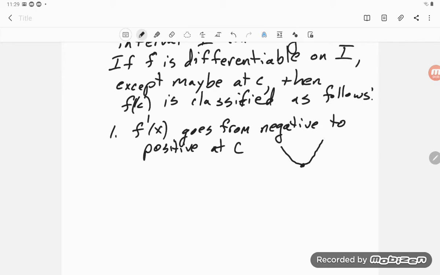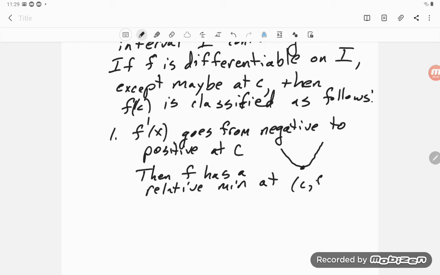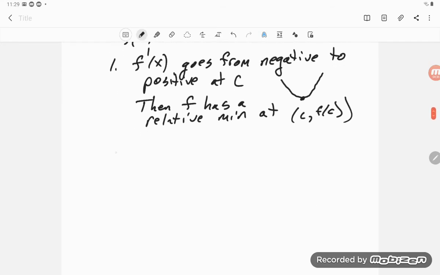Now it's positive, and so then f has a relative minimum at C, f of C. So that's one possibility.